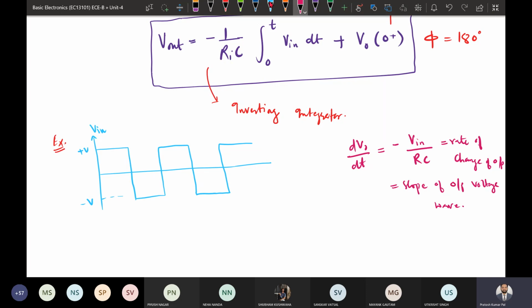So its output will be similar to this. Here its magnitude defines the negative slope. If it is positive, the slope will be negative. If it is negative, the slope will be positive. So now the slope will be positive.